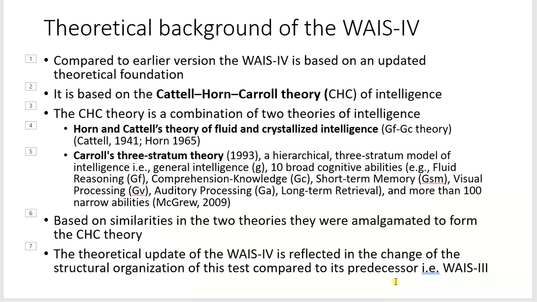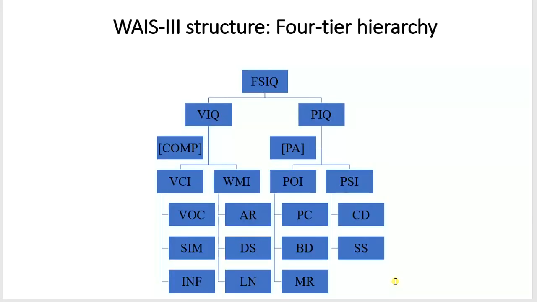So the WAIS 4 reflects this three-stratum structure, and just to have a contrast, see the WAIS III structure. That was basically a four-tier hierarchy, and as you can see, there are vocabulary, arithmetic, picture completion, coding. These are subtests, so this is the lowest level in the hierarchy.